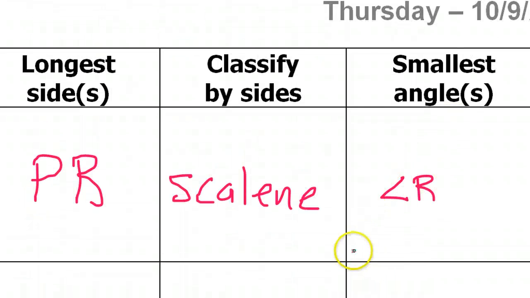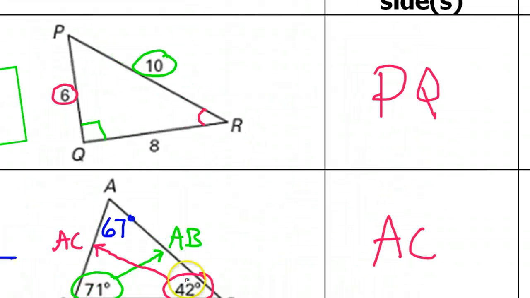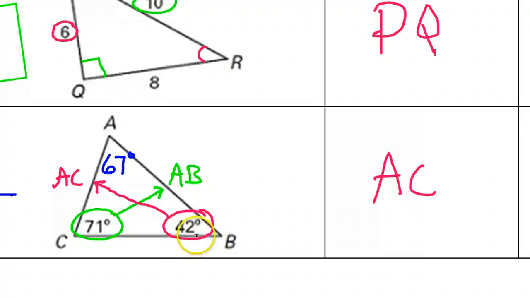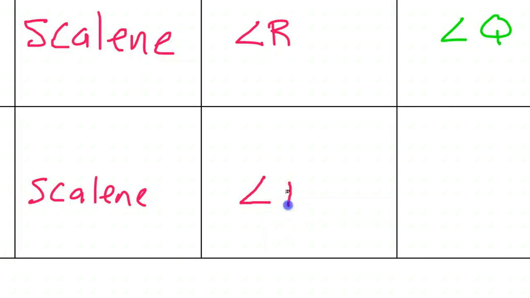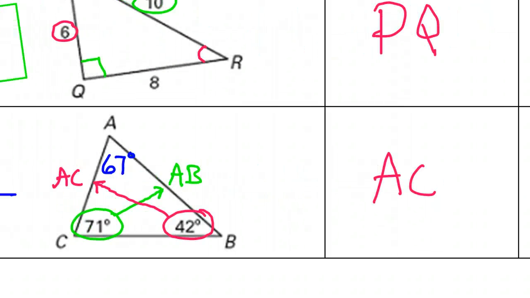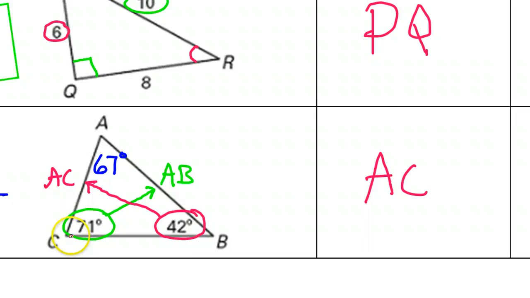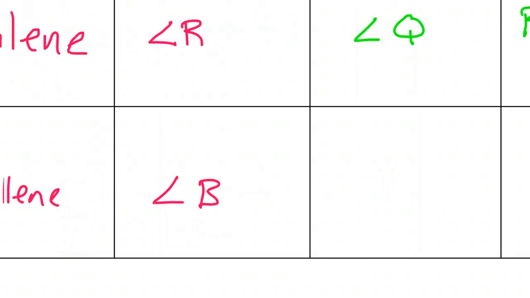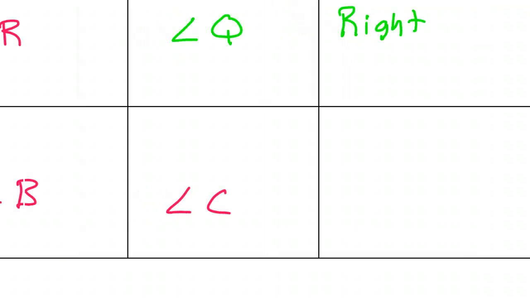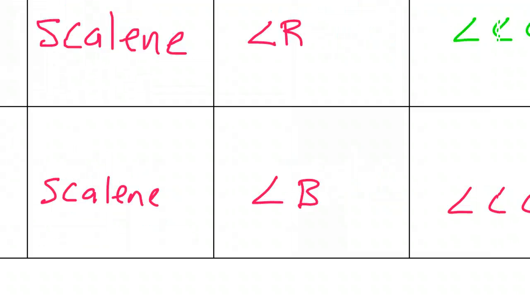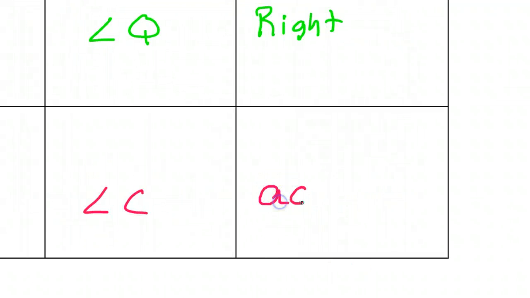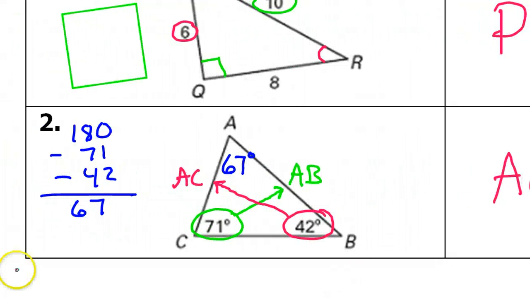Now the smallest angle, obviously, is angle B. The largest angle is angle C. And this is an acute triangle because all angles are less than 90 degrees. Okay?